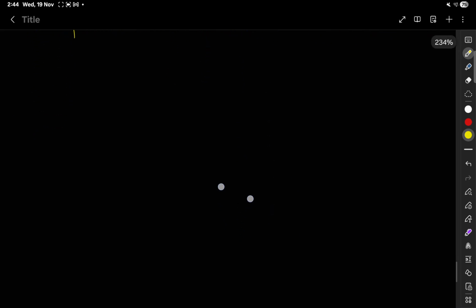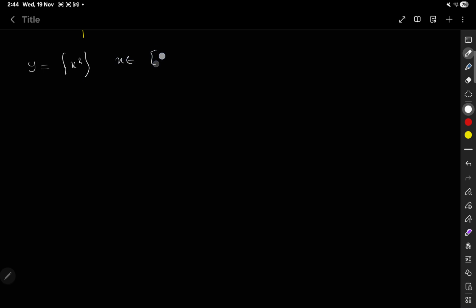One question we will do: y equal to the fractional part of x square, where x belongs to 0 to 2. Okay, so what to do? First draw y equal to x square, or x from minus 2 to 2, no problem.